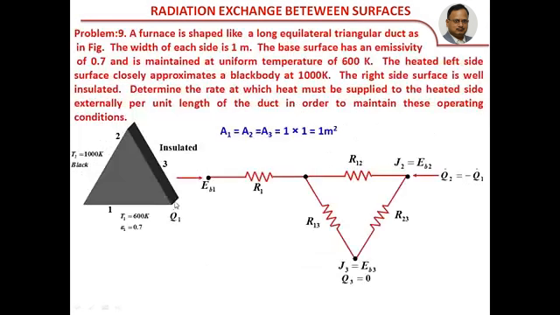And if you look at this, F12, F13, it is an equilateral triangle, so therefore the shape factors F12 is 0.5, F13 is 0.5, F32 is 0.5, F31 is 0.5, F21 is 0.5, F23 is 0.5. Because all the surfaces are flat, they cannot see themselves. So F11 is 0, F22 is 0, F33 is 0.